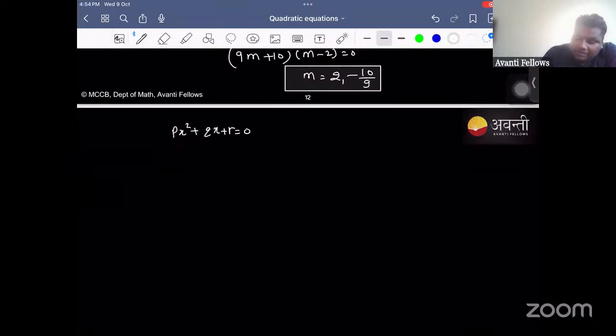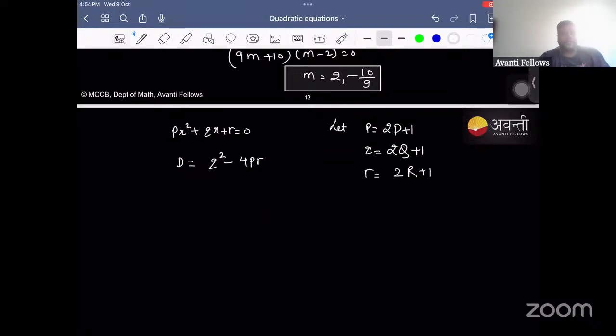So the question is like, say, px square plus qx plus r equals 0. Now its D will be what? q square minus 4pr. Let p be 2p plus 1, q be 2q plus 1, and r be 2r plus 1. They are odd integers. Now check for D. D will be q square, so that is (2q plus 1) whole square minus 4 times (2p plus 1)(2r plus 1).